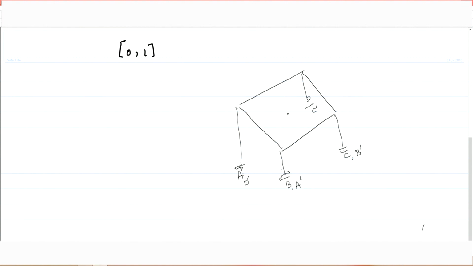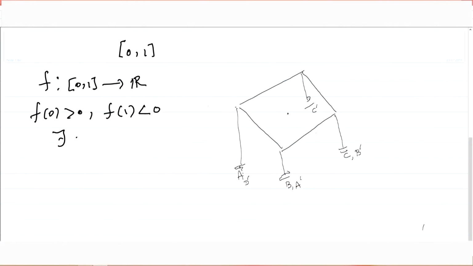Before answering this question, let me consider the following problem. Suppose there is a function f from the closed interval 0, 1 to R such that f at 0 is greater than 0 and f at 1 is less than 0. So, I have a real valued function f defined on the closed interval 0, 1 and takes values in the set of real numbers, such that f of 0 is positive and f of 1 is negative.